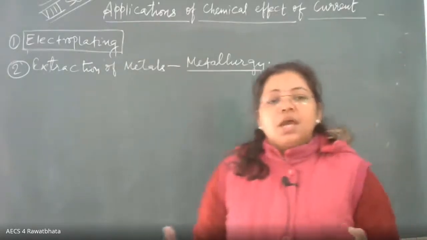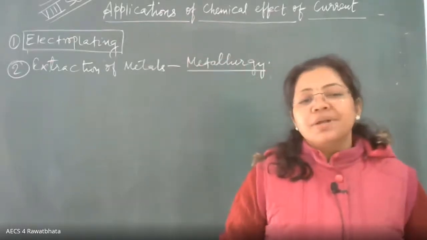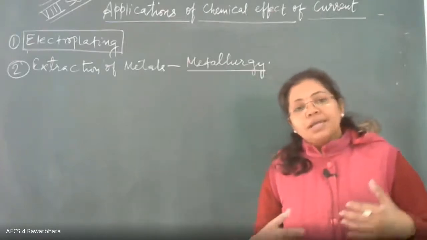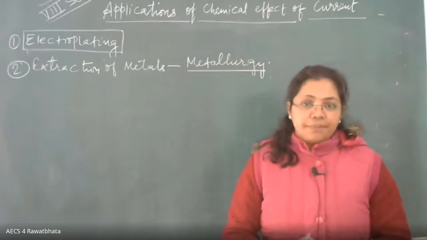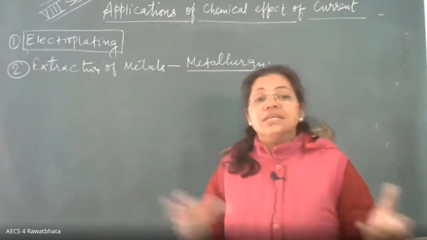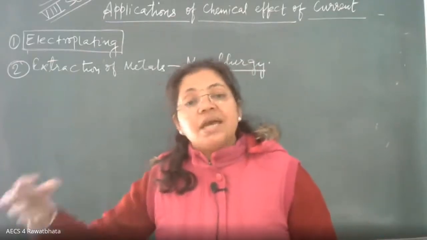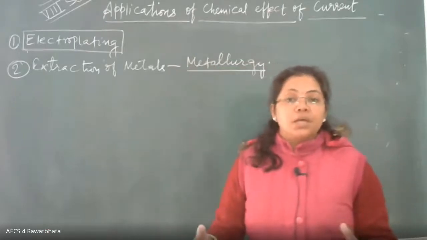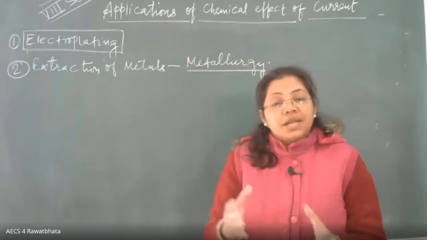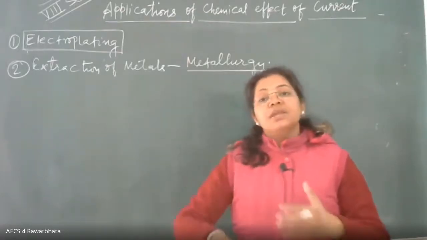We have different metals: aluminium, gold, silver, copper, etc. Although we go to the market easily and purchase them, in the market these metals are sent from industries and factories. And these industries and factories, by employing different kinds of reactions and different physical and chemical methods, extract these metals from various natural resources.